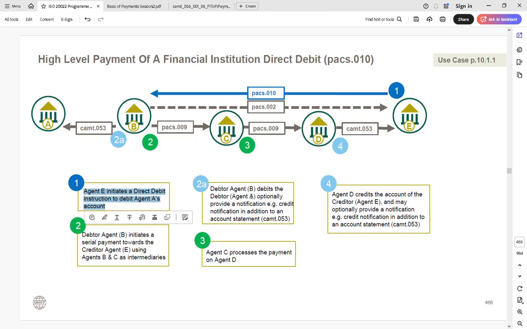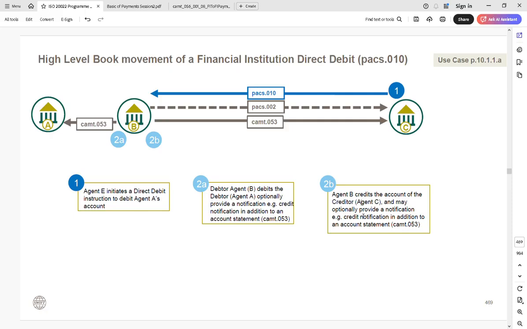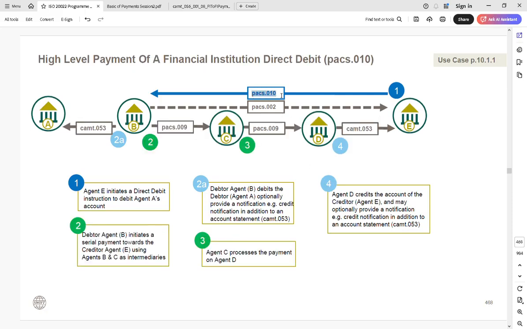This is the first line only, direct debit. Otherwise, the other things are your normal credit transfer of bank to bank. Okay, I would like to see any example properly mentioned. They are only saying that PACS.010 has been sent from E to A directly.